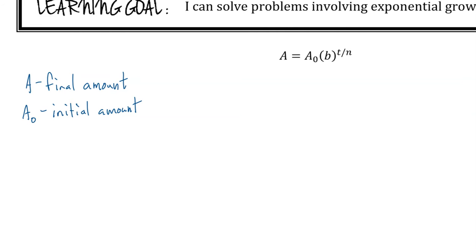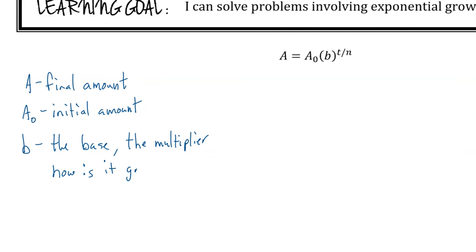Okay, and then b, which is in the brackets, is the base, or the multiplier. So it's how is the question, the application, the relation, how is it growing or decaying?